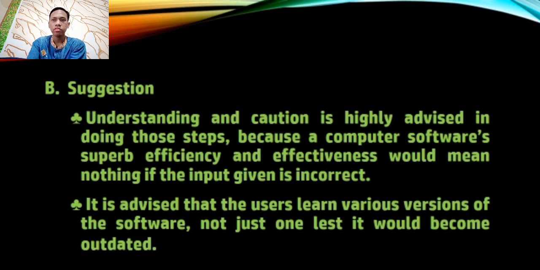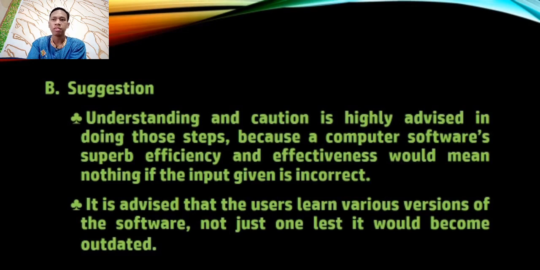However, to use it, understanding and caution are highly advised, because a computer software's superb efficiency and effectiveness would mean nothing if the input given by the human is incorrect, often called human error.